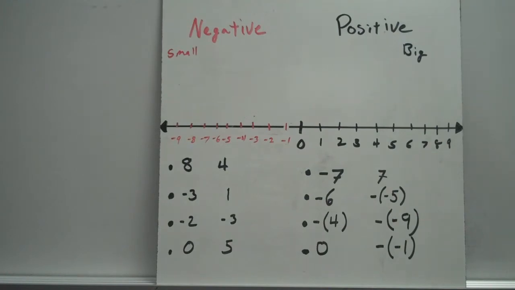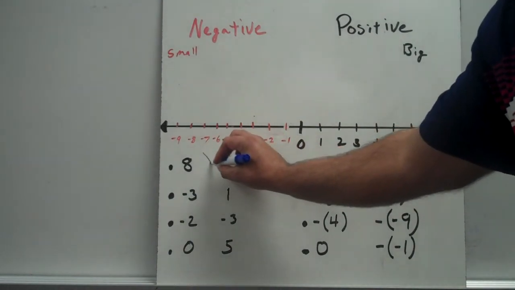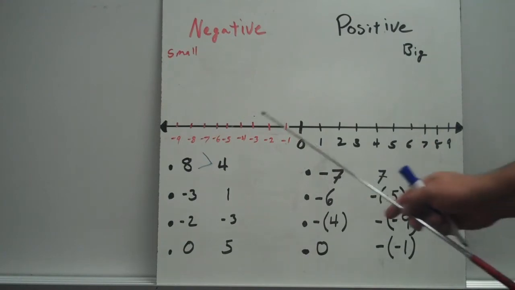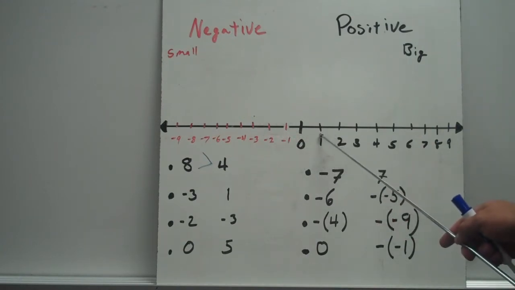Okay, so when we're comparing the numbers 8 and 4, here's 8 and there's 4. We see that 8 is further to the right on the number line than 4, so 8 is going to be larger than 4. So now we compare -3 and 1.